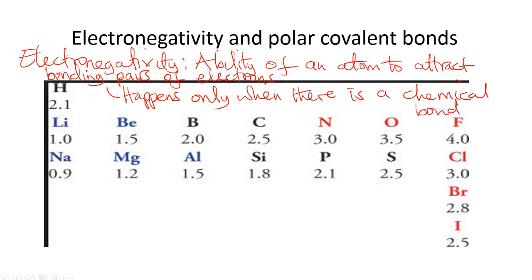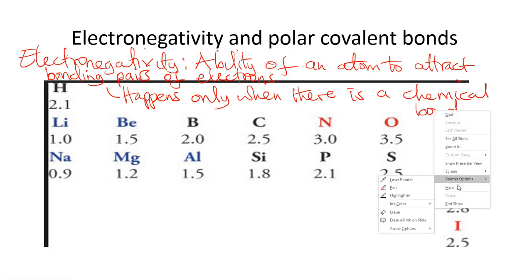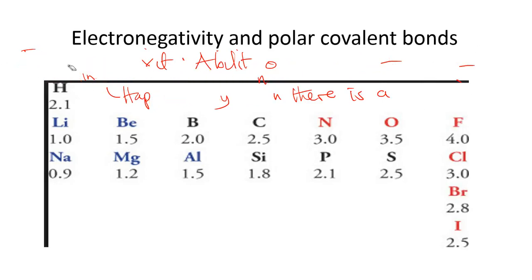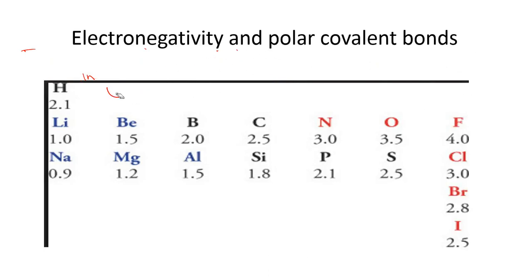So really, on the periodic table, the electronegativities are given for different elements. Now, if you see part of the periodic table that I have given here, you can see some trends of electronegativity. So the electronegativity increases as we move from this side to this side.